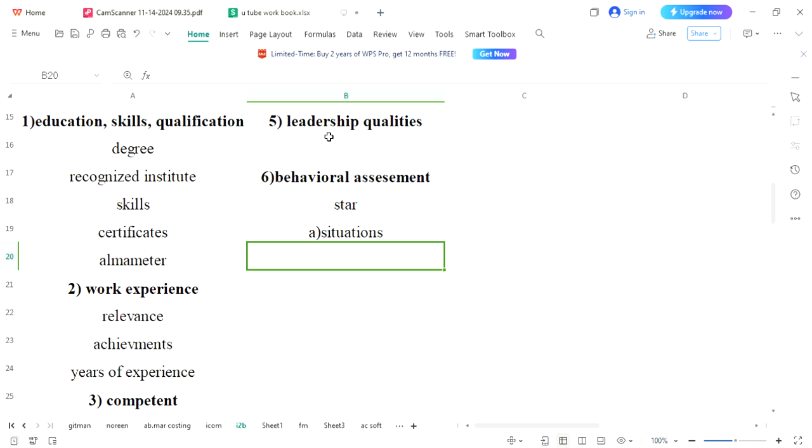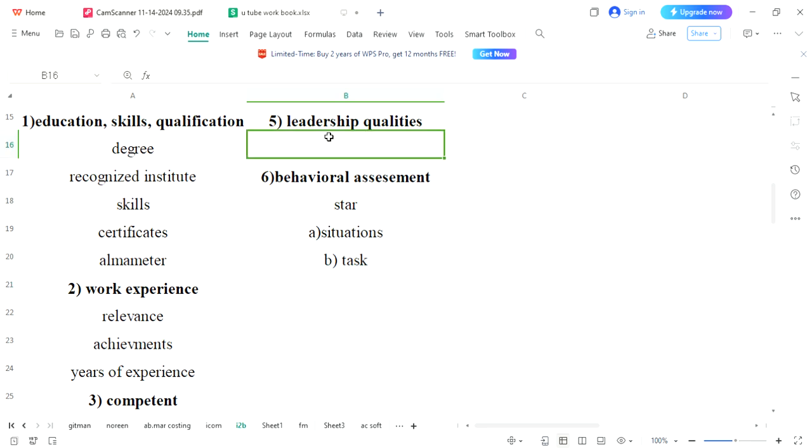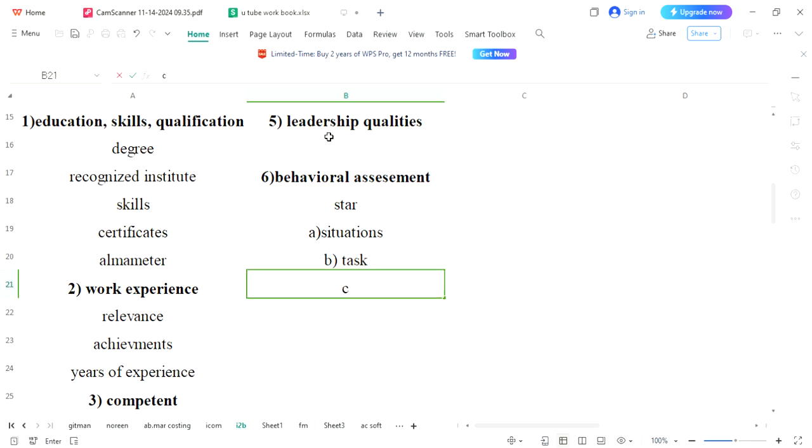Then T, you will see if you have given some tasks to him. And A, you will see what actions he is making. And lastly, R, what results he is producing.